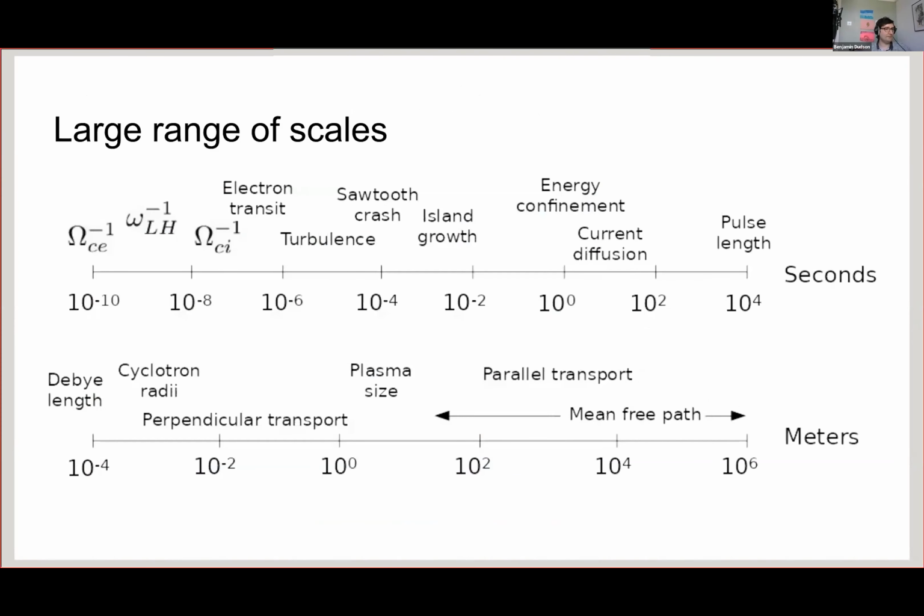And this all takes place on a very wide range of time and spatial scales. At the short end, we have the frequencies at which the particles orbit their field lines, down to almost 10 to the minus 10 seconds. And on the high end, you see the timescales that we're trying to run to, so thousands of seconds or tens of thousands of seconds for the pulse length.